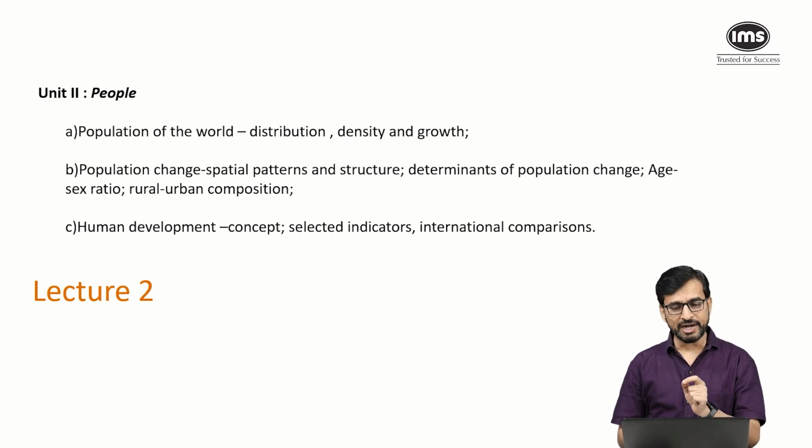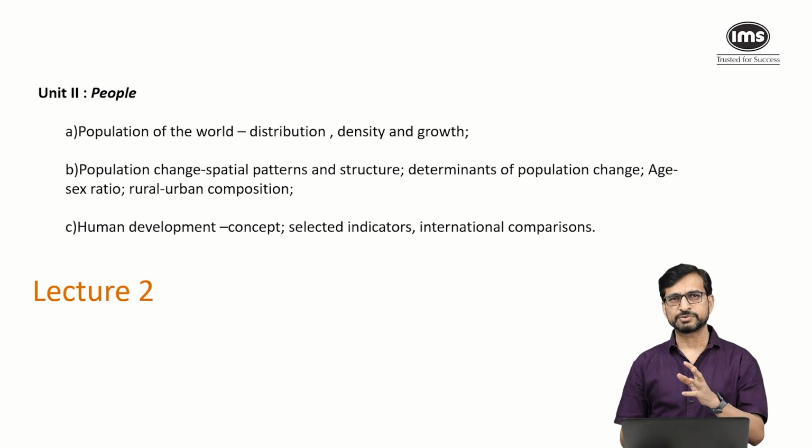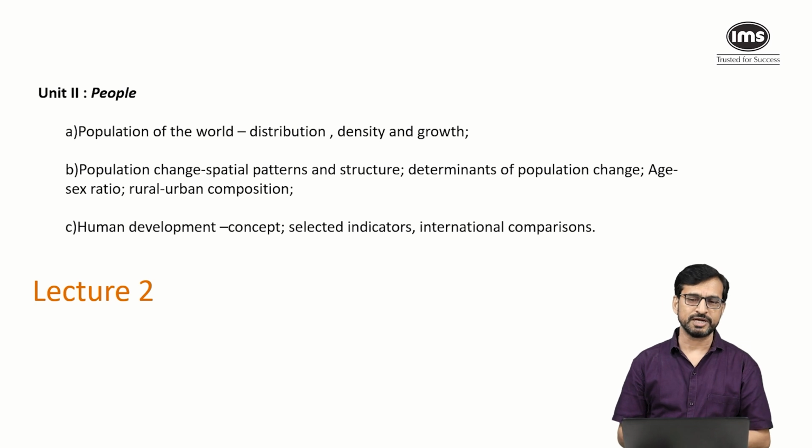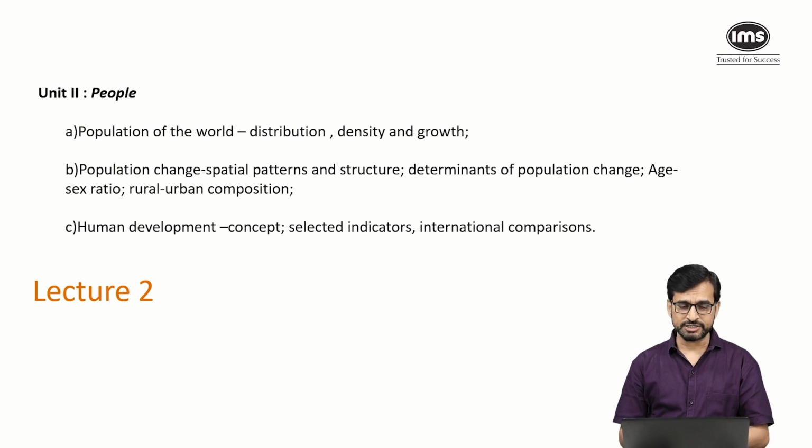Now, determinants of population change: what are those factors which contribute to the change of population of a place? Again, age-sex ratio, rural-urban composition, and human development: concept, selected indicators, and international comparisons. This is what we are expected to study in the chapters. So let's begin.